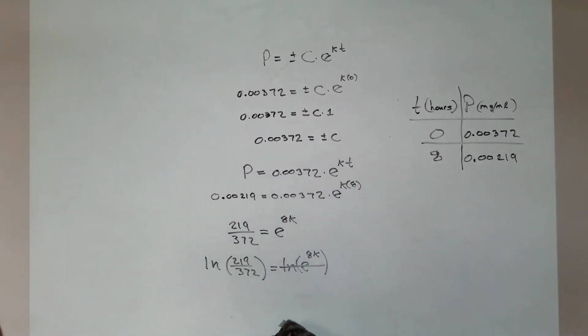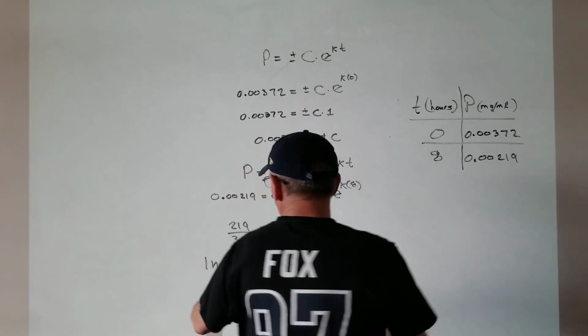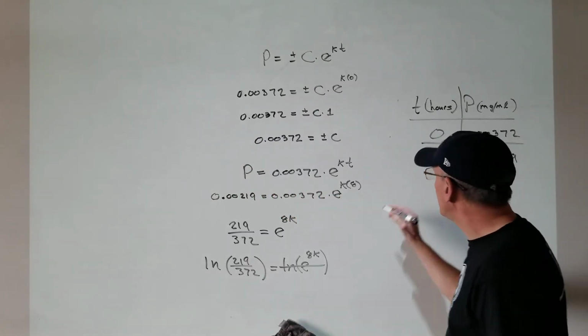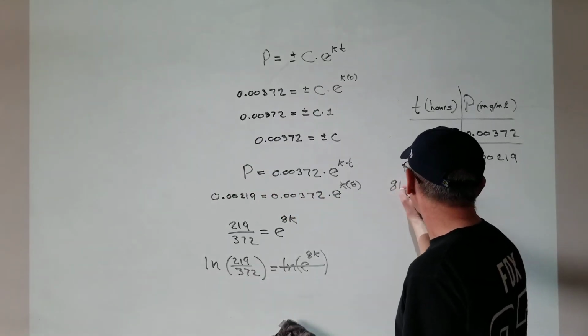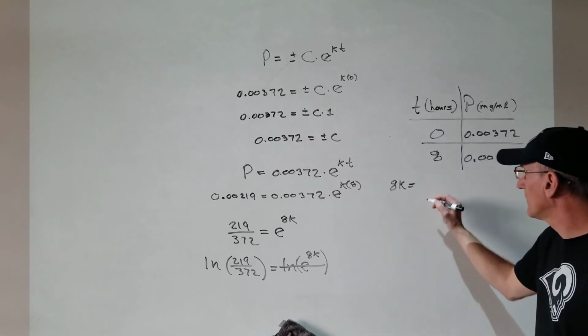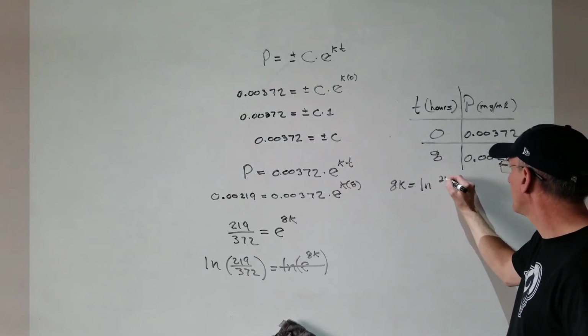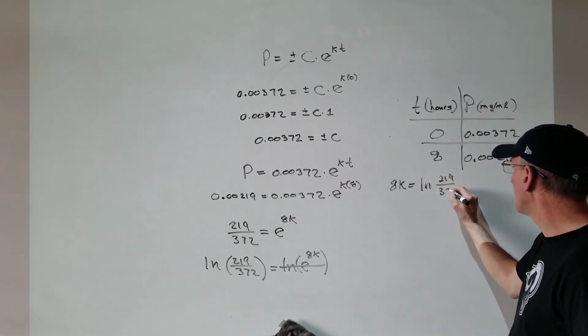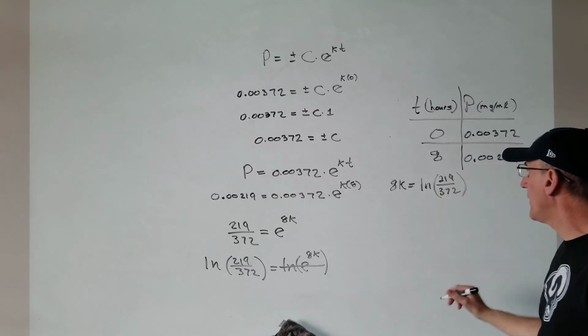So now I'm almost done. I've got natural log 219 over 372 equals 8K. Divide by 8, we're done.